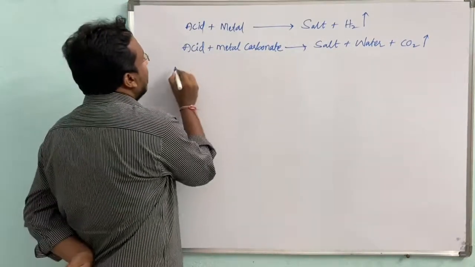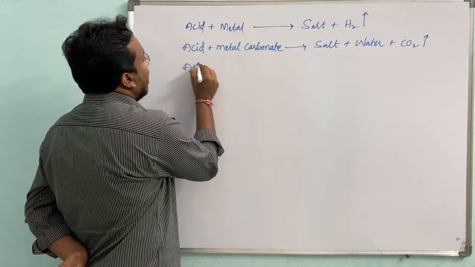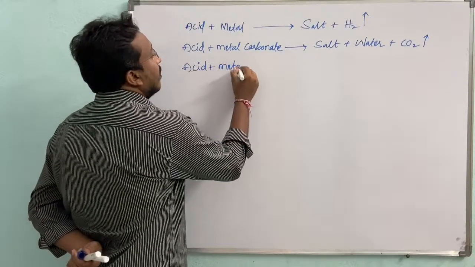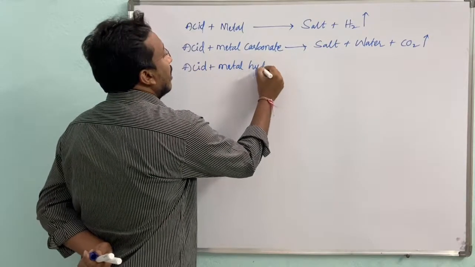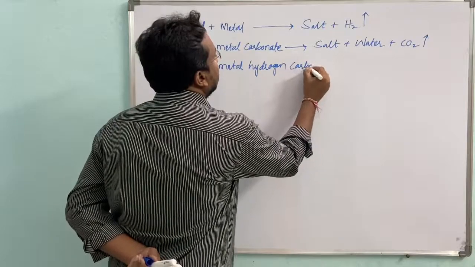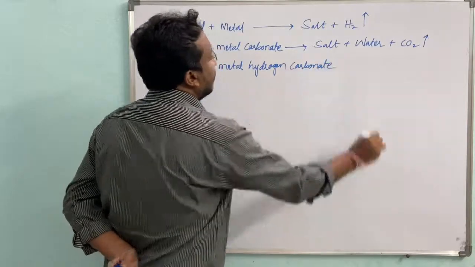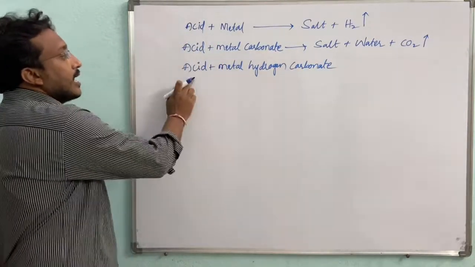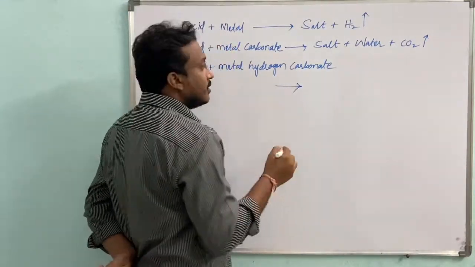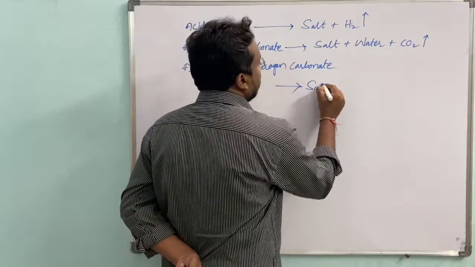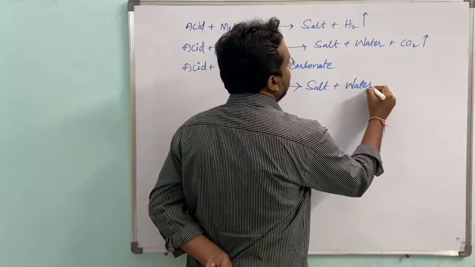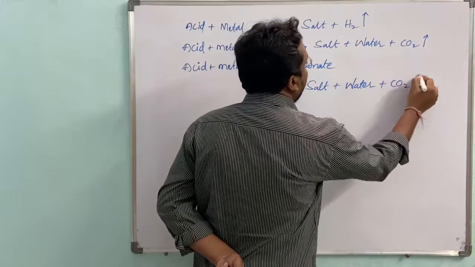And we discussed that when acid reacts with metal hydrogen carbonate, it gives salt, water and carbon dioxide.